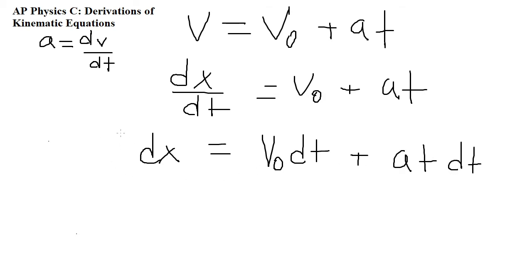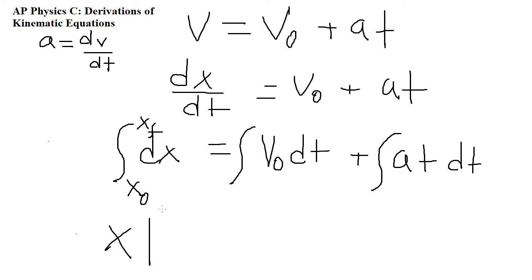And again, we are going to integrate both sides. So we're going to integrate this one over here from an initial position to a final position. And this will give us x evaluated from initial position to final position, which is just going to be delta x, right?